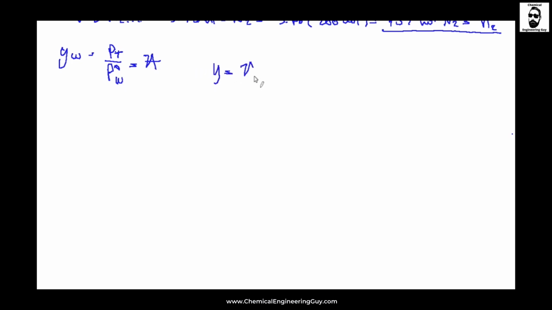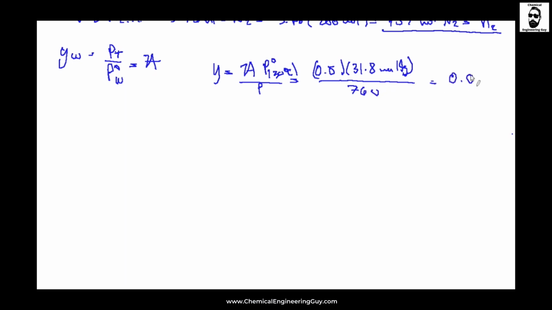Y equals humidity times the saturation and the total pressure. Humidity is 0.5. I found this here in the book, and remember this is 30 Celsius, guys. The total pressure is 760. So once again, 1021. This is the amount of water.